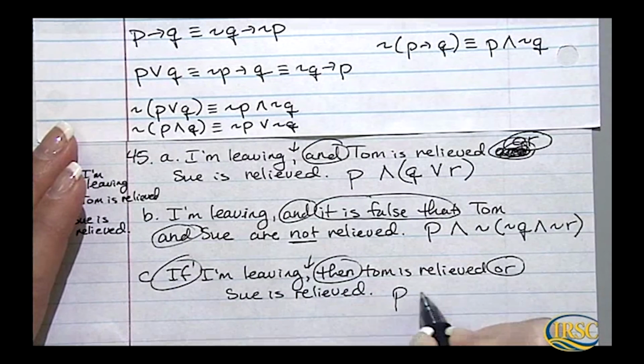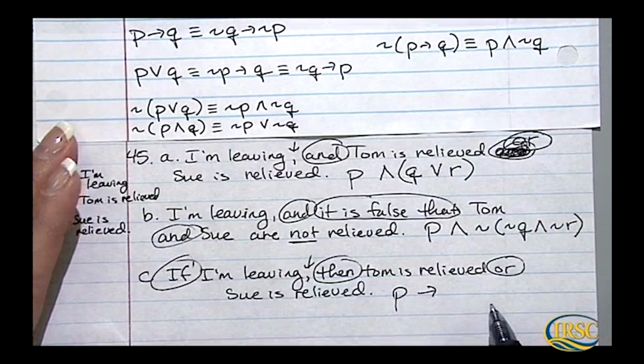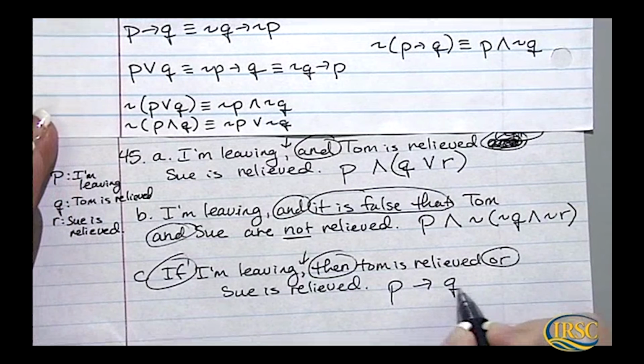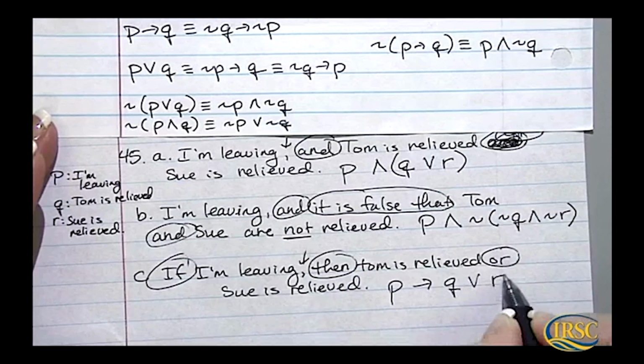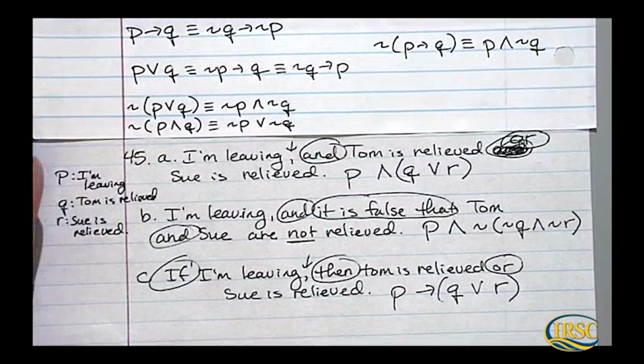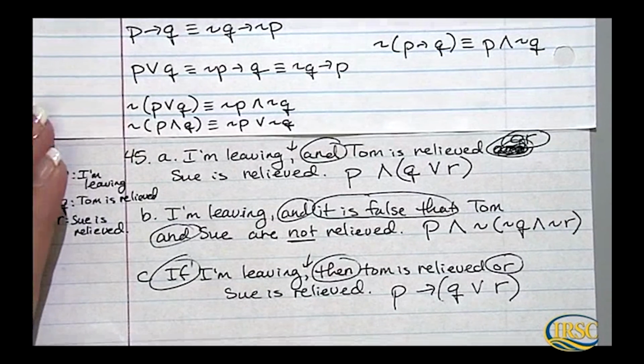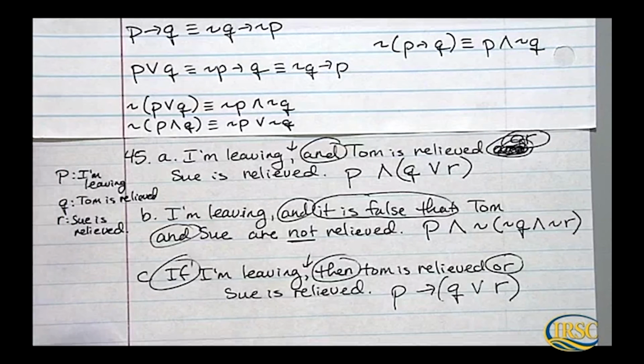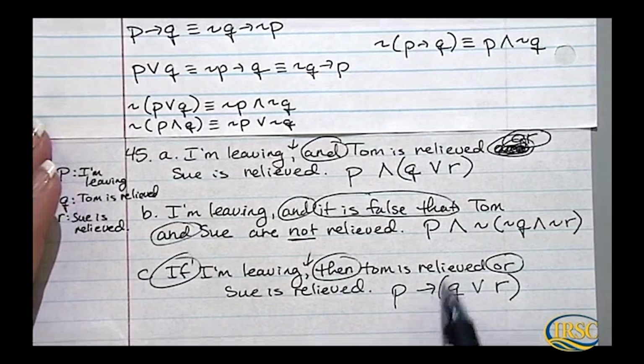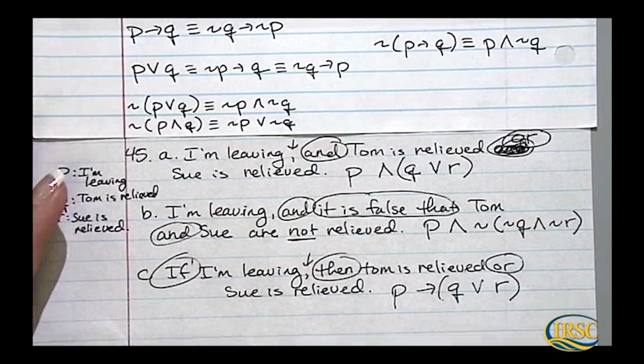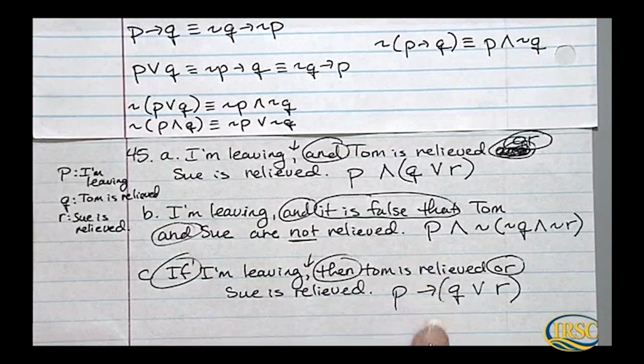So if P, then Q or R. And I need parentheses around the right-hand side. The if-then makes the arrow, but the comma reinforces that I need parentheses around the right-hand side of the arrow, because the comma split it right here.